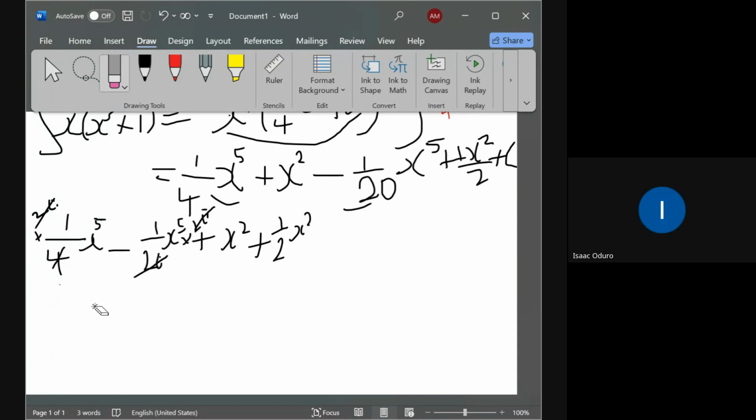So 4 into itself is 1 and into 20 will be 5. So I think it will be 5x to the power 5. Okay, sure. So you have 5x to the power 5.